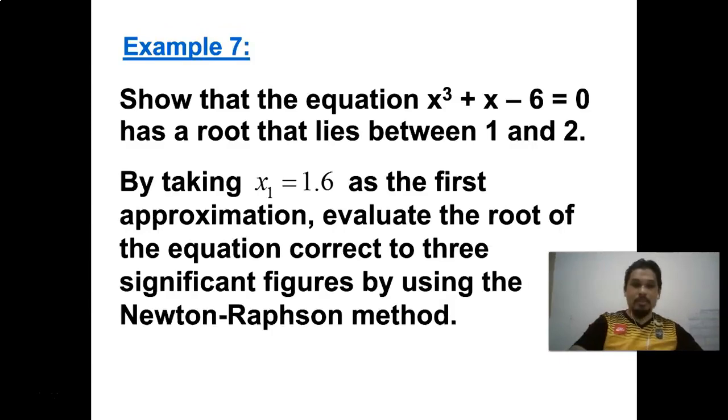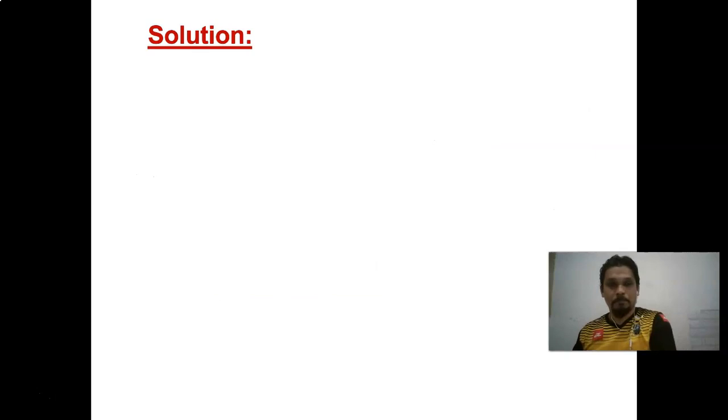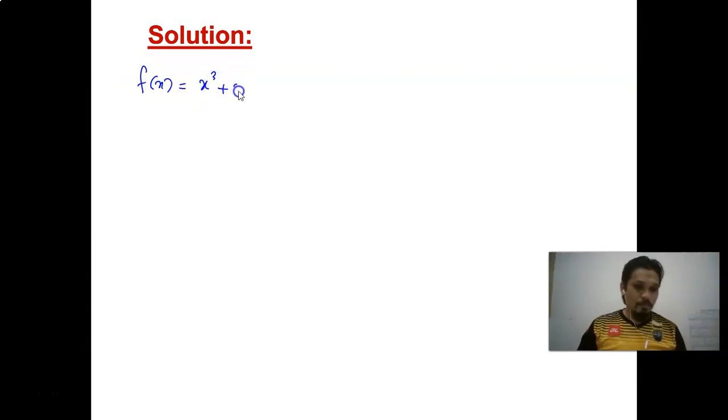Okay. Question, example 7. Let f(x) equal to x cubed plus x minus 6.